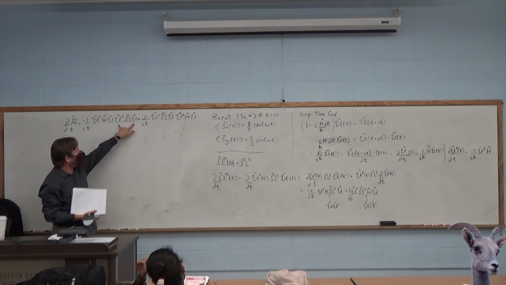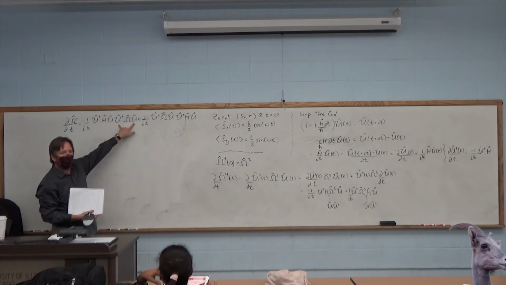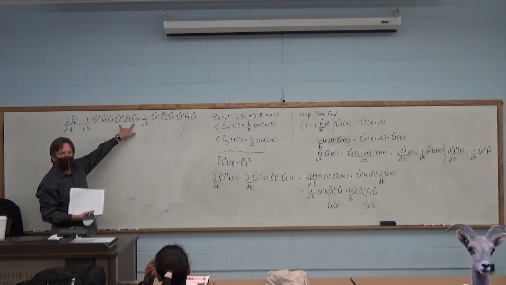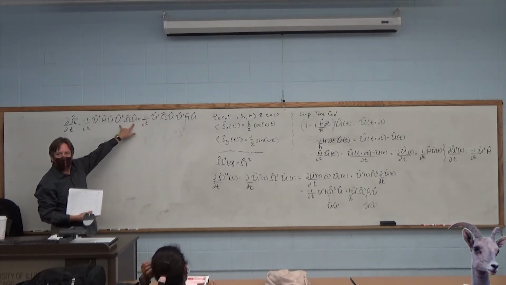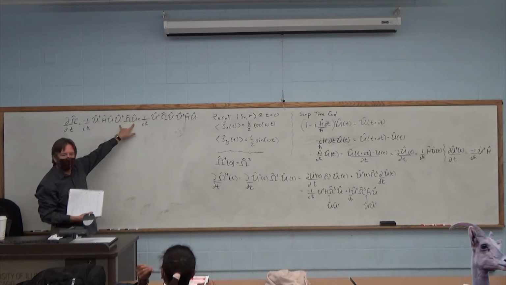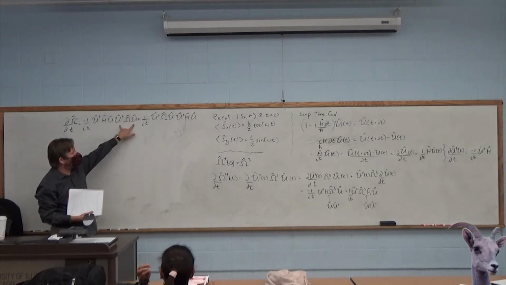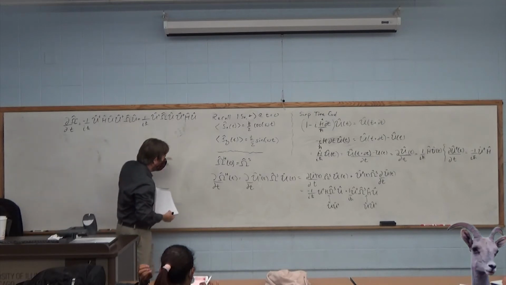I have that there, but what happens when you put it in between two time-evolving unitary operators? Well, what is this? We started out, in fact, I'm looking at it.